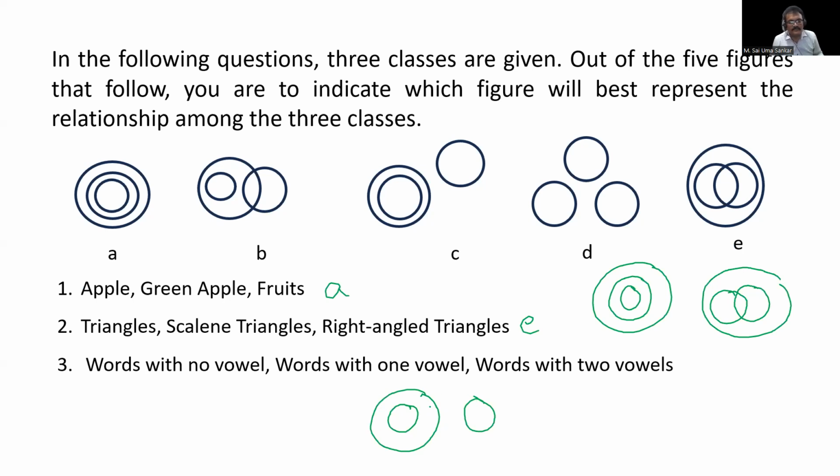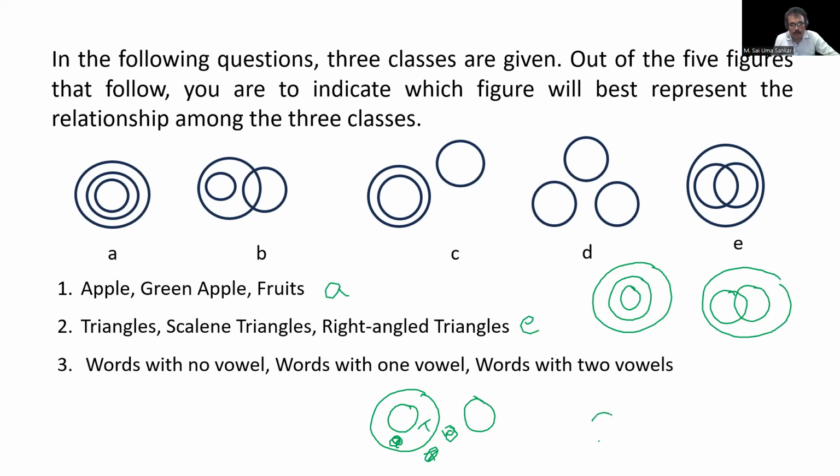In the words with vowels, words with one vowel are there and words with two vowels are also there. Suppose this is the one vowel and this is the two vowels, is it valid? All one vowel words are two vowel words. Is it valid? No. Suppose this is the two vowels and this is the one vowel. Now all two vowel words are one vowel words. Is it valid? It's not valid.